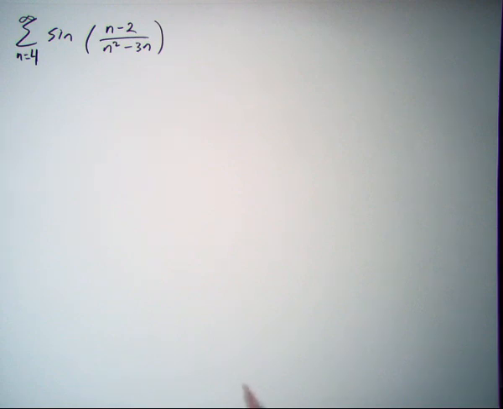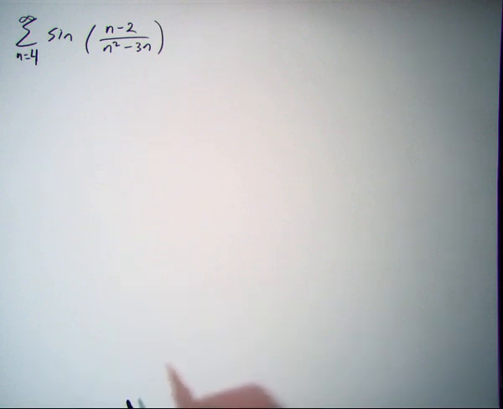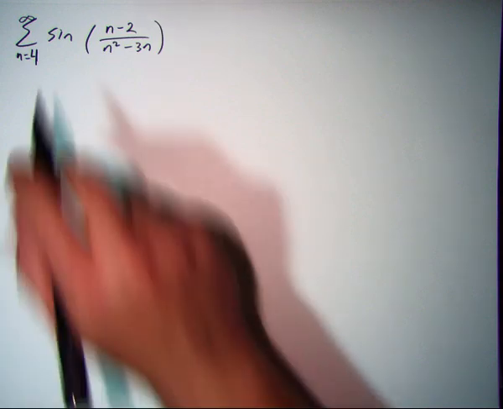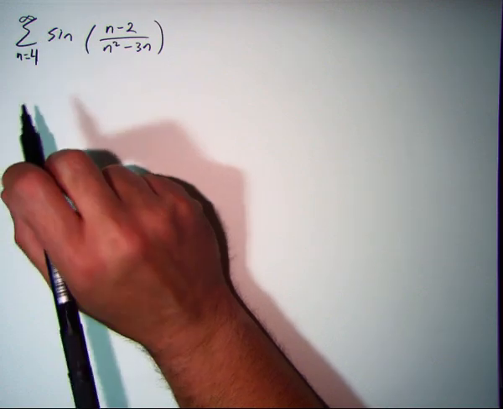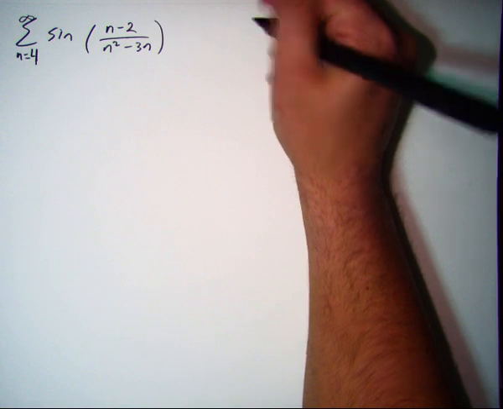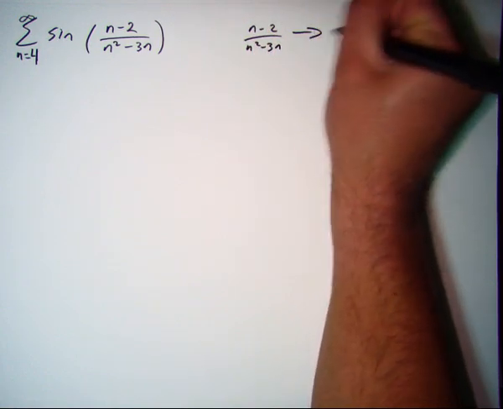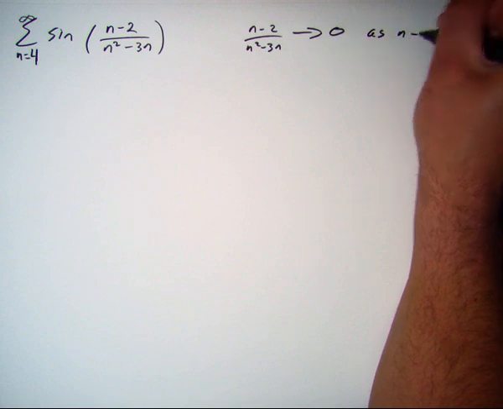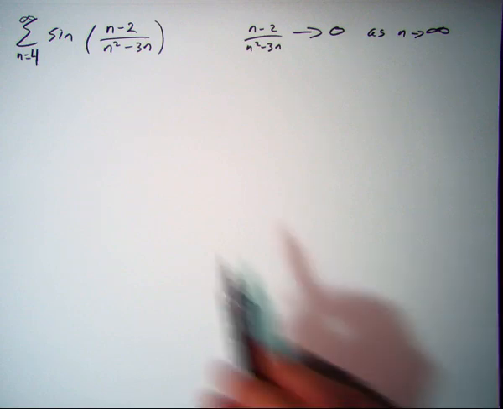So, what do I do with this? How do I examine this and try to get an understanding of what it does? Well, as n gets bigger and bigger, (n - 2)/(n² - 3n) goes to 0 as n goes to infinity, which is actually nicer than most other things I could expect.